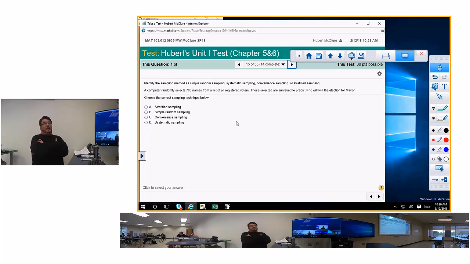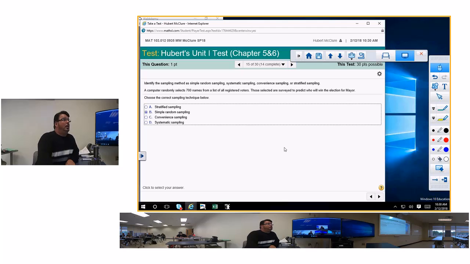So I would say it's a random sample. Because what does it say right there? What's the key word in front of registered? All. Now if it said some registered voters, then that would change it. But it says all, that means everybody has a what? Chance. So I would say simple.